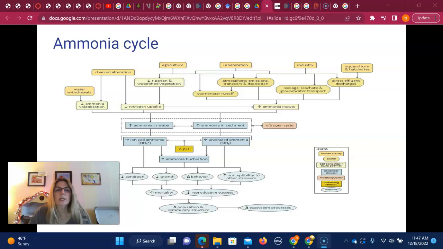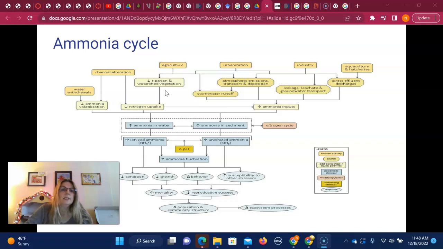So like I stated earlier, the agricultural component is big, but also discharge from aquaculture operations and hatcheries, groundwater and stormwater runoff from urbanization and industries, are also ways that increased ammonia inputs can be happening. Also changes in watershed vegetation will decrease nitrogen uptake, which will increase ammonia inputs.